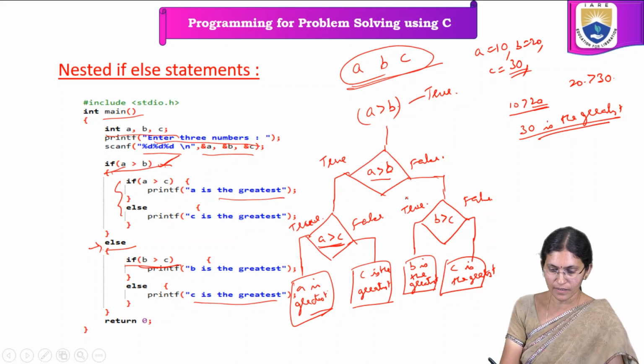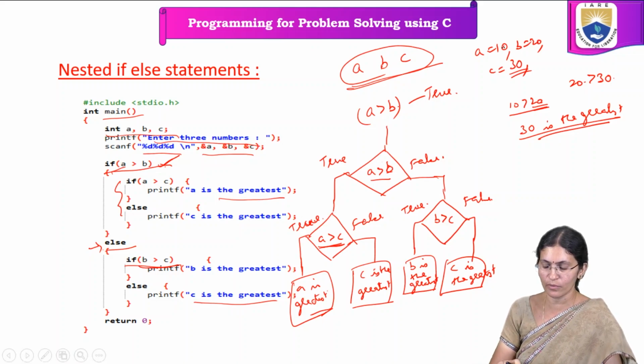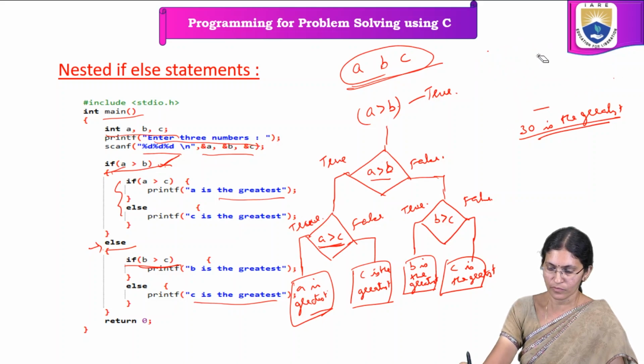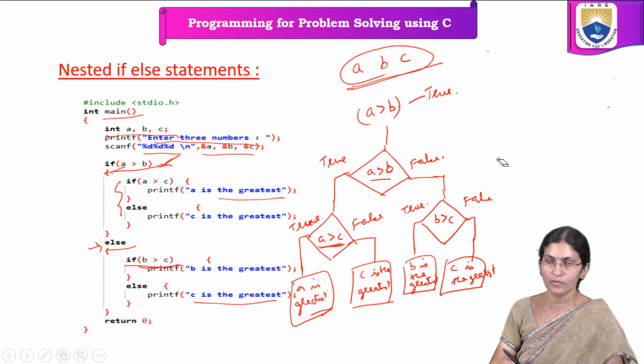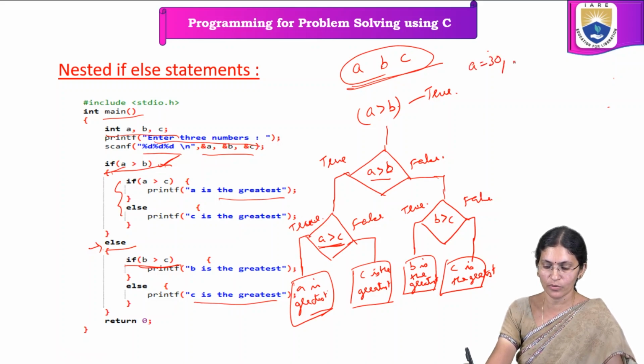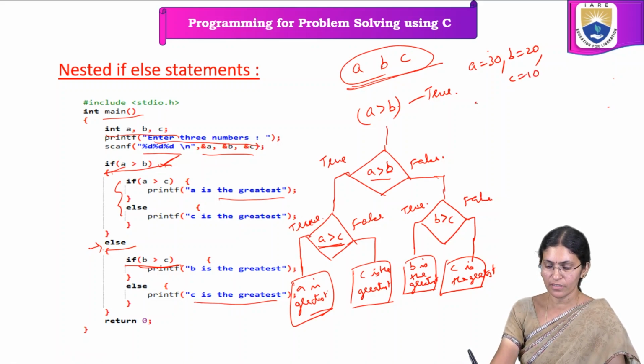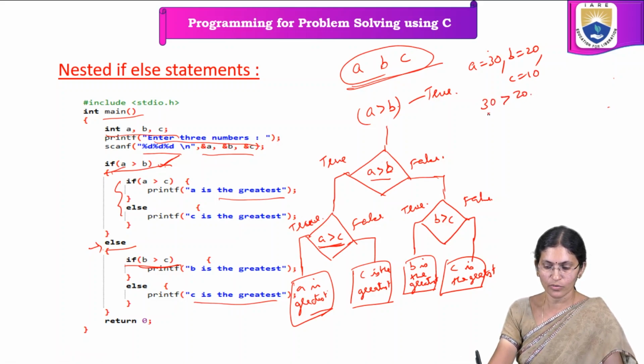Next, let us take another set of values. Suppose A is equal to 30, B is equal to 20 and C is equal to 10. Here in the if statement, the first condition it will check is 30 is greater than 20. So it is true.